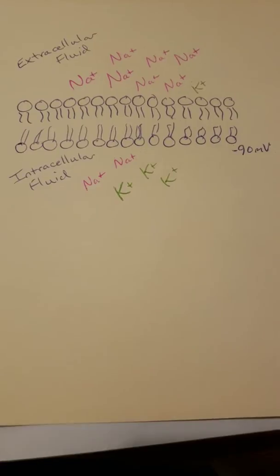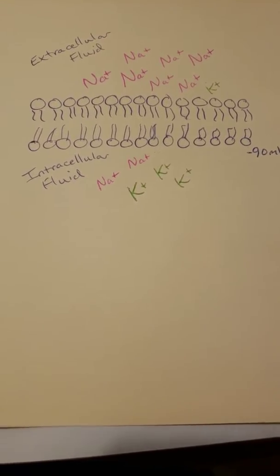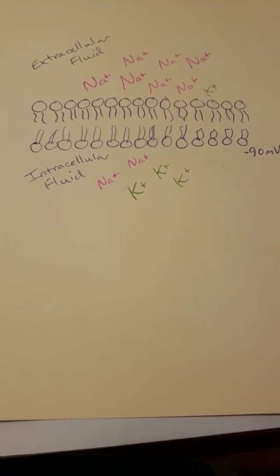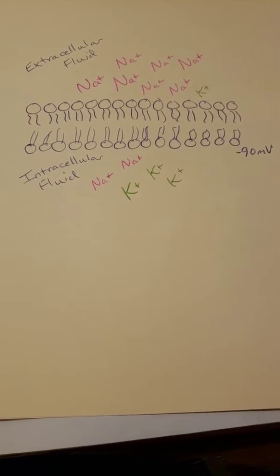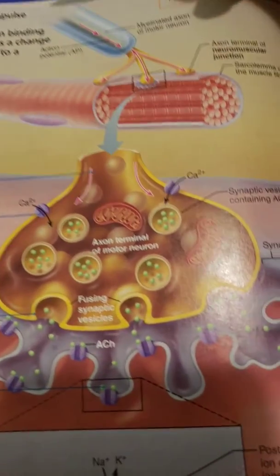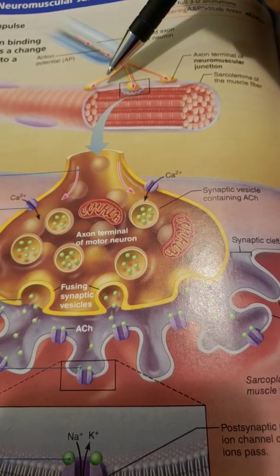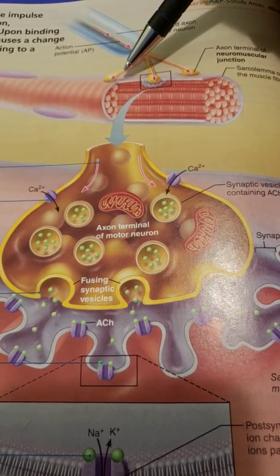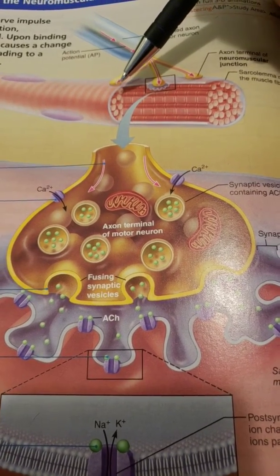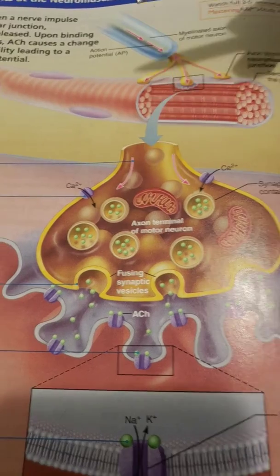Let's take a look at what happens when an action potential, or electrical current from an axon, meets the sarcolemma at the neuromuscular junction. Here we have an axon splitting into little branches called telodendria, forming expanded ends called axon terminals.